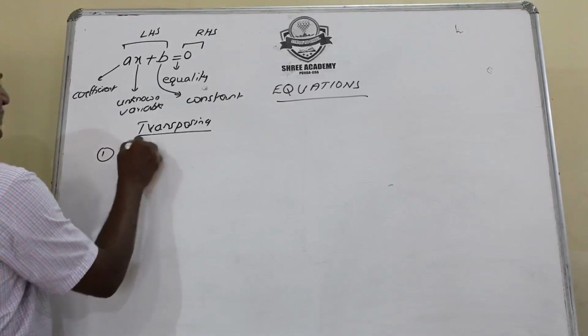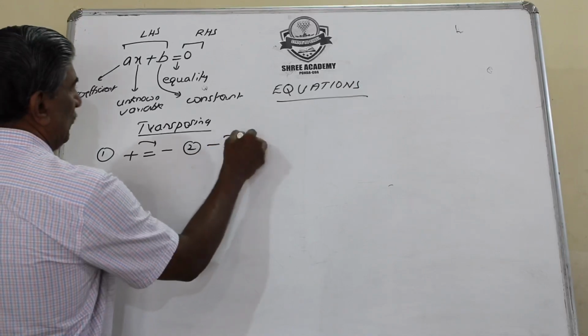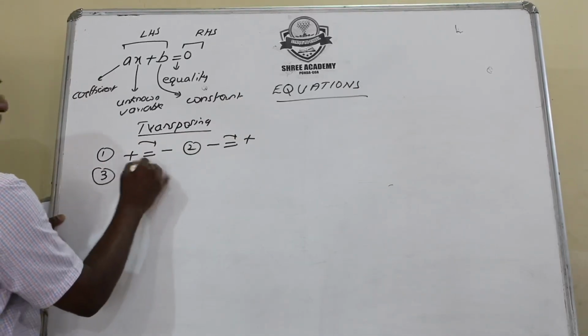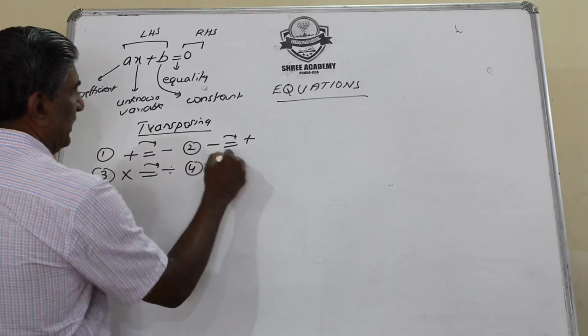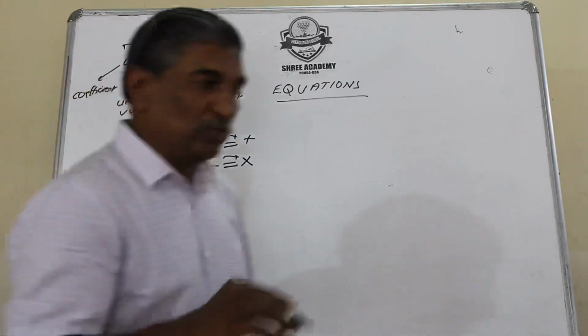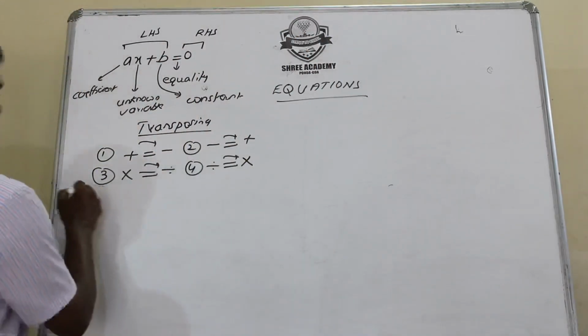Whatever is plus will become minus, whatever is minus will become plus, whatever is being multiplied will be divided, whatever is being divided will be multiplied. Using these basic rules of transposing, we will try to solve some equations.